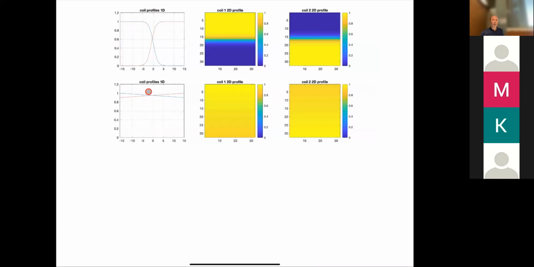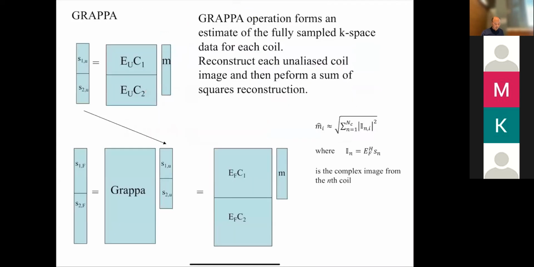Luckily, what's good for GRAPPA and SENSE, what's good in parallel imaging in general, tends to give you the same design, to first order. So here's the idea behind GRAPPA. We take this problem here, and these are the undersampled images we acquire.